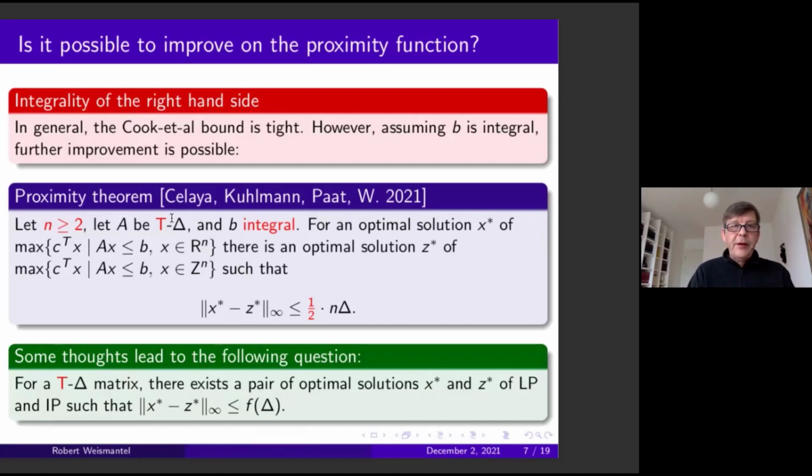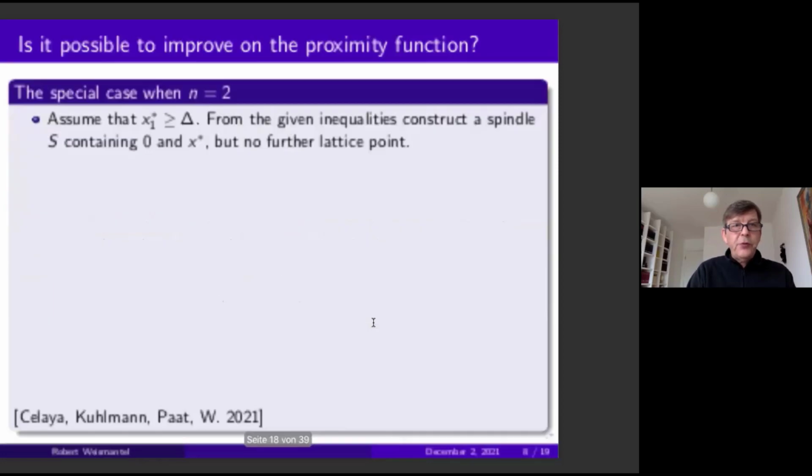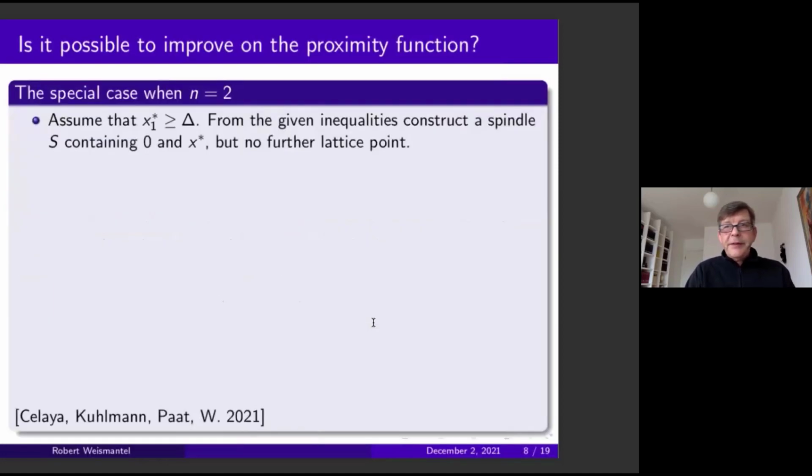The proof of this n-half delta result is really a generalization of this Cook et al. proof. Now I would like to share the main ideas with you. As I said, I want to convey the elegant things in detail and the difficult things I push under the rug.